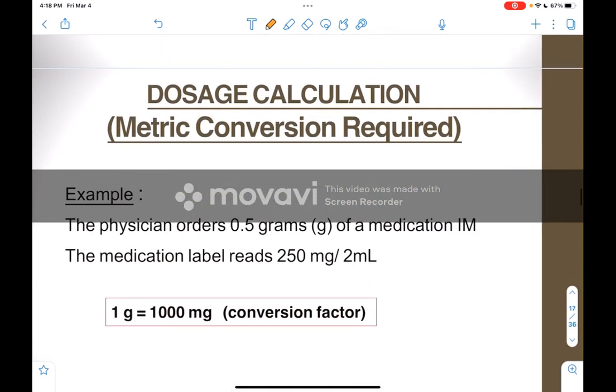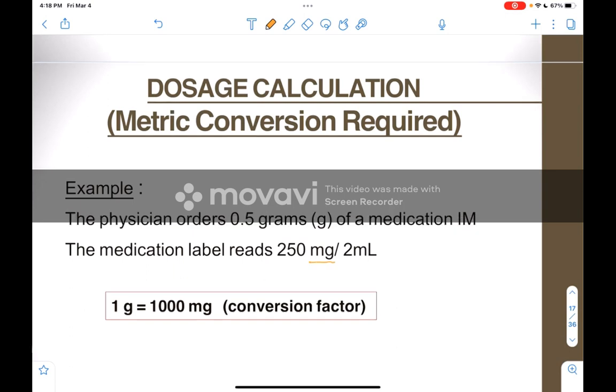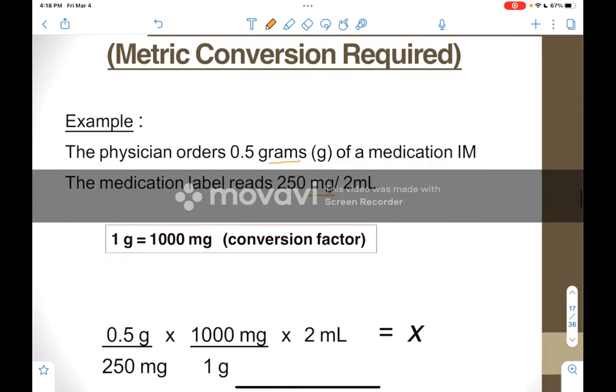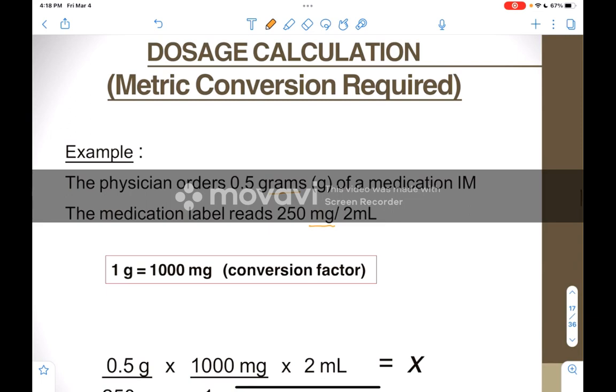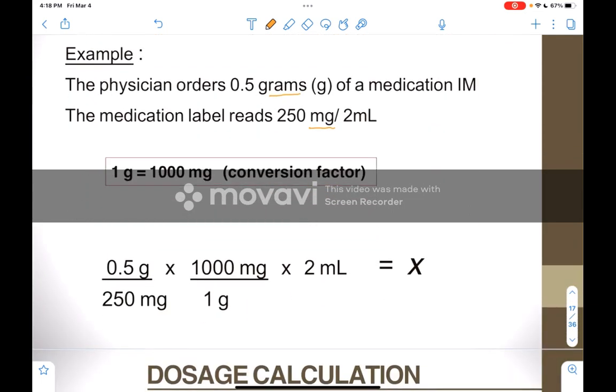Okay, so for example, the physician orders 0.5 grams of a medication to be given IM, and the label on the medication says that it's measured in milligrams, right? So we need to convert milligrams to grams. And we can do that because 1 gram equals 1,000 milligrams. Okay, so we're going to set it up like this.